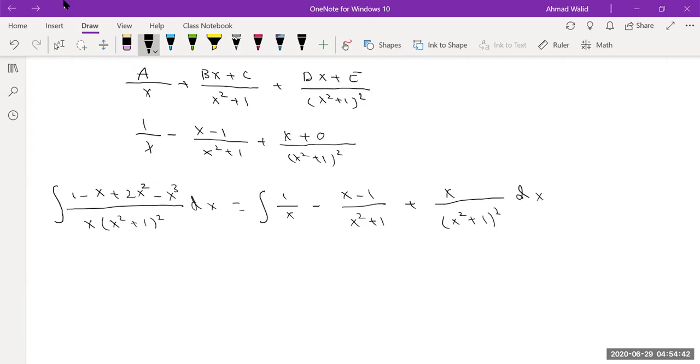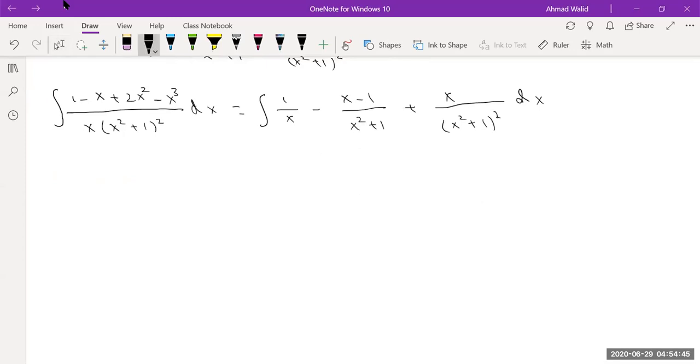Now separate the integral on the right side. You can rewrite this one as an integral of 1 over x minus, here you see I used the same method as in the previous problem. I can separate this one into 2 fractions.